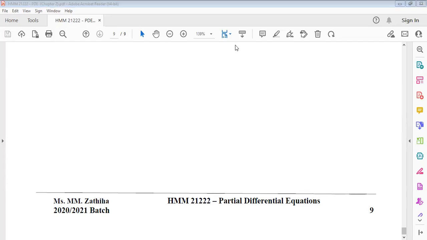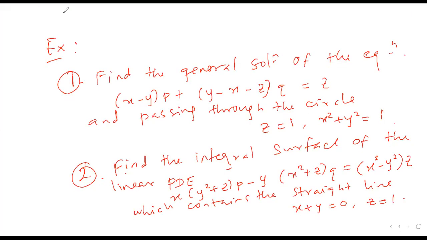So we also studied about the nonlinear case, okay? First order nonlinear. So what is the method we have studied for the first order nonlinear case? Can you remember?